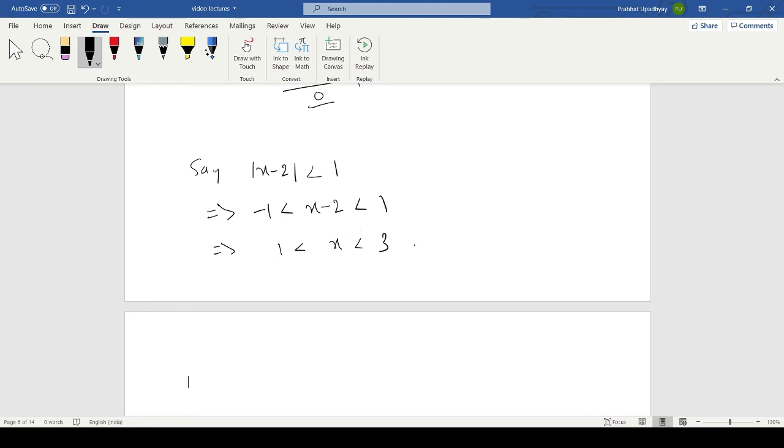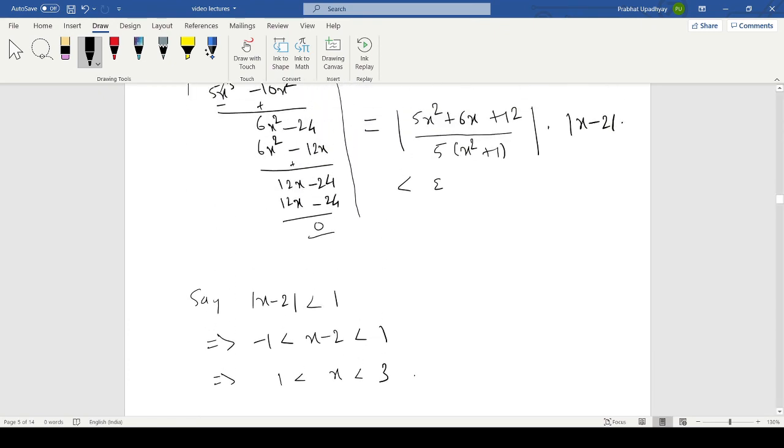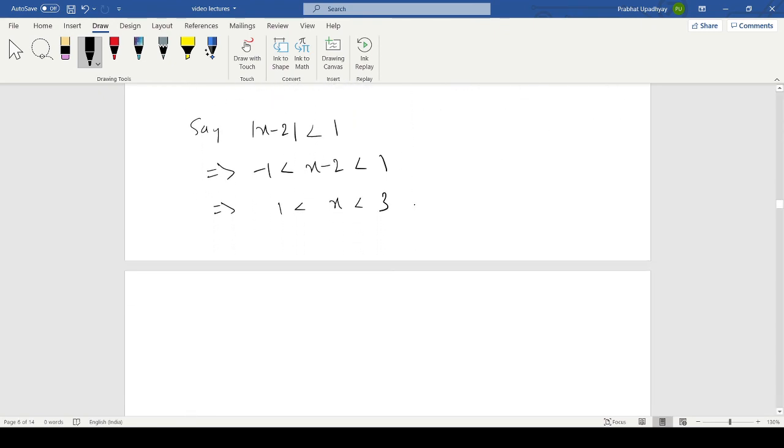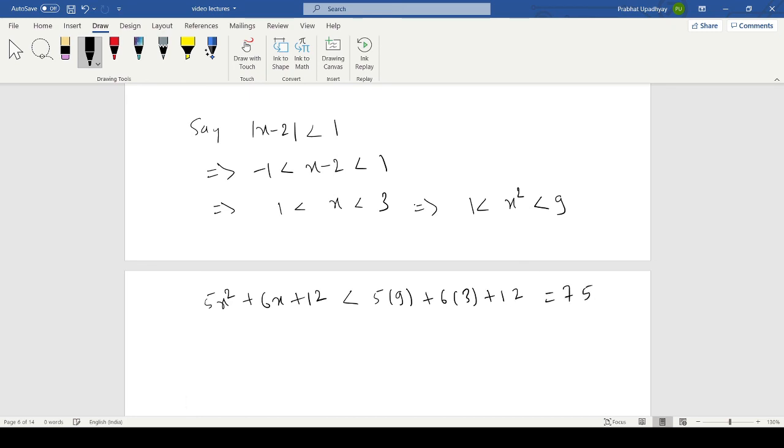Now in the numerator I have 5x square plus 6x plus 12. Let's see. Since I have 1 less than x less than 3, this will imply 1 is less than x square is less than 9. So 5x square plus 6x plus 12 I can say is less than 5 into 9 plus 6 into 3 plus 12, and this is equal to 75.